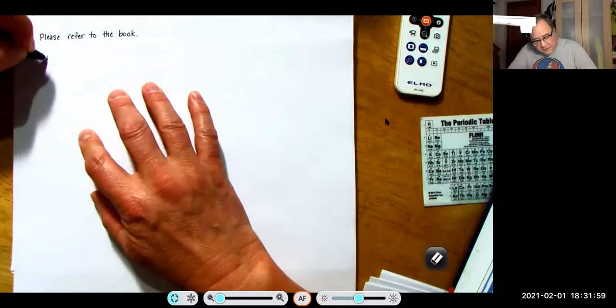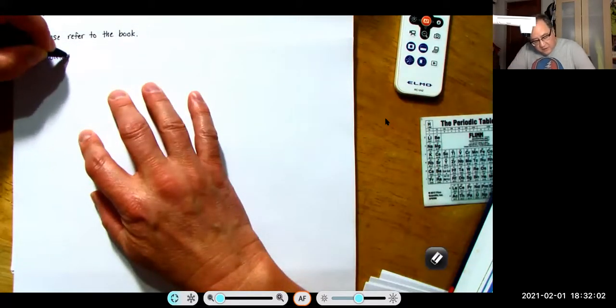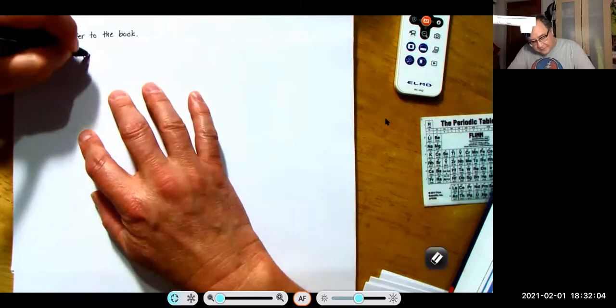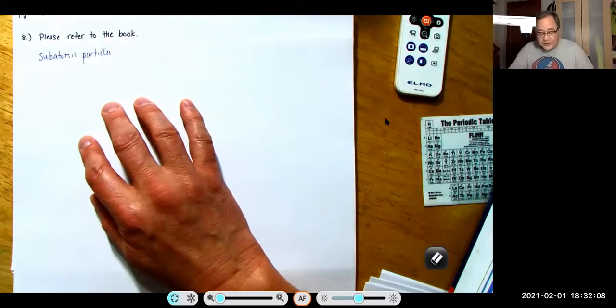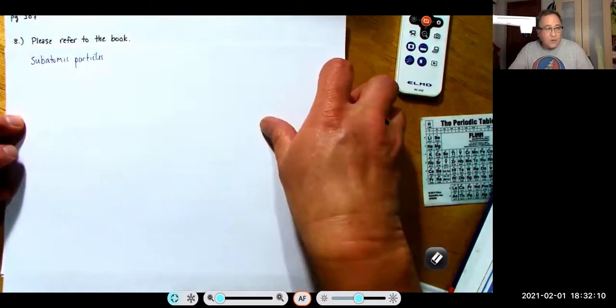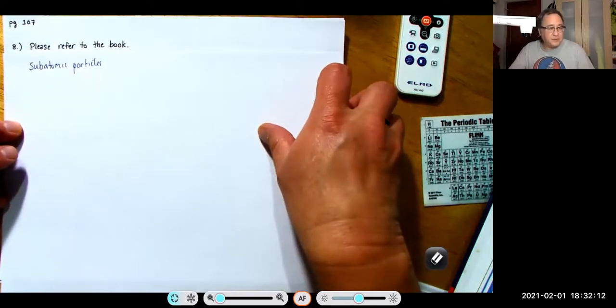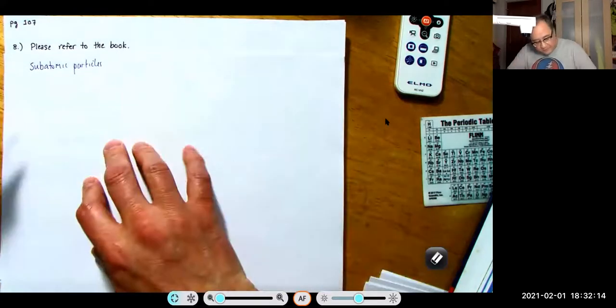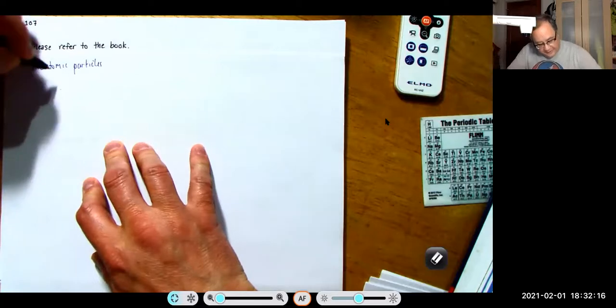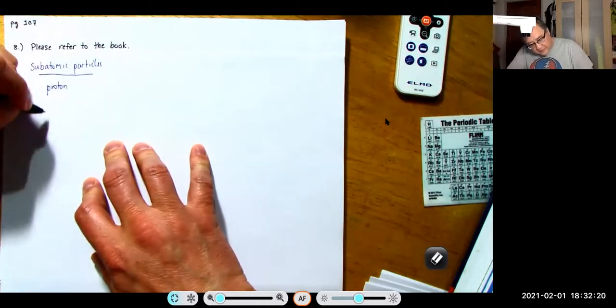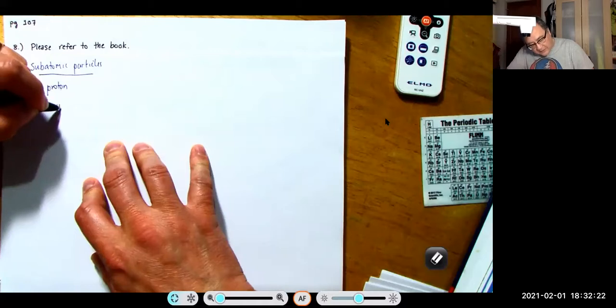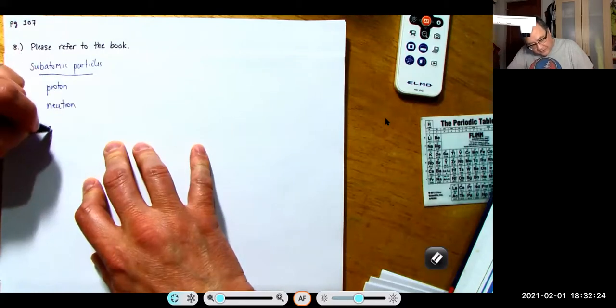Subatomic particles. There are 3 that we're interested in chemistry. There are more than that if you're taking physics, but we're only interested in 3. We're interested in the proton, the neutron, and the electron.